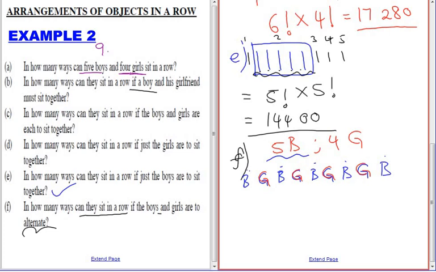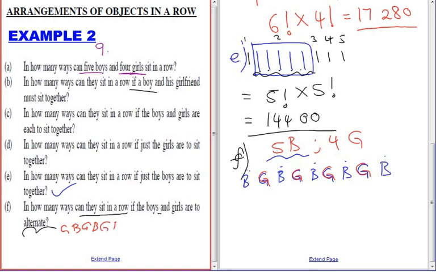So notice what was going to happen if you decided to start with girls. So you're going to have a girl, then a boy, then a girl, then a boy, then a girl, then a boy, a girl. So notice now how many girls? 1, 2, 3, 4. So the girls are done.